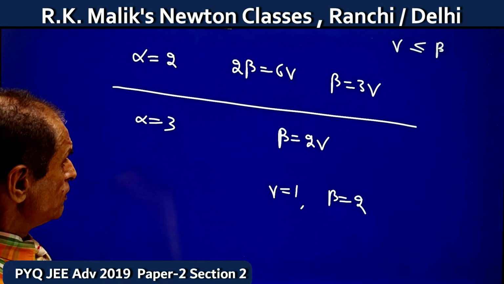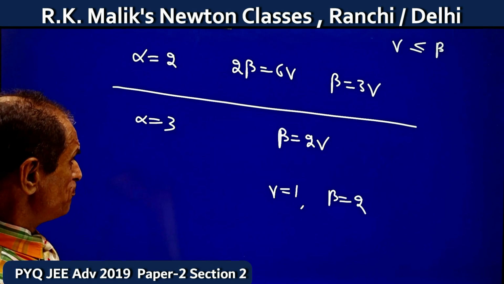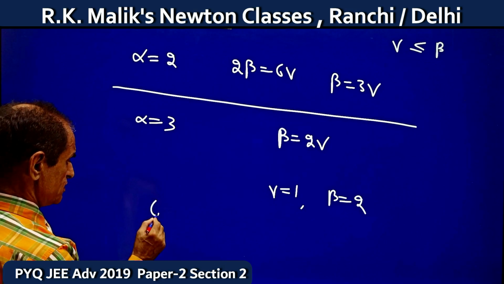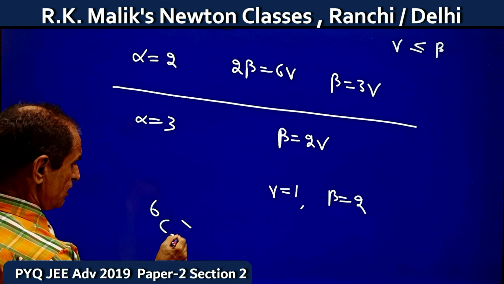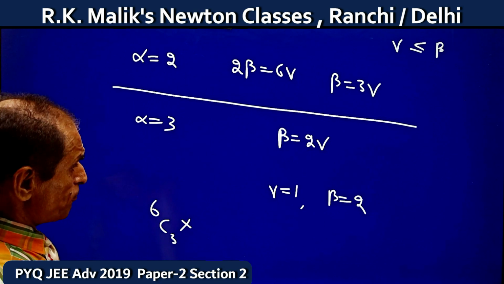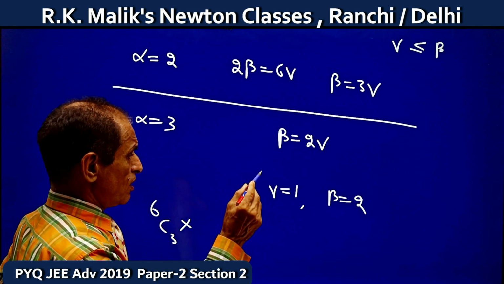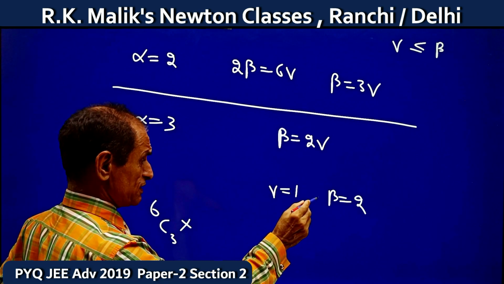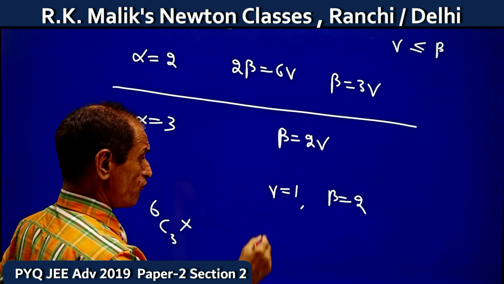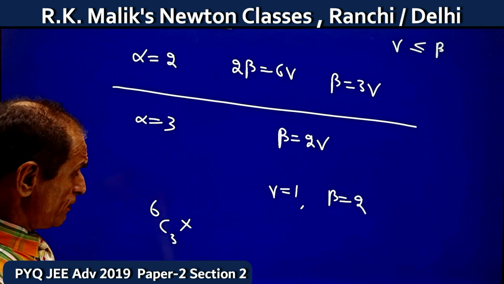Therefore, the number of ways in which the set A and B can be made is 6C3 into, and for making the set B, I want to have 2 elements in set B, out of which 1 element must be common.